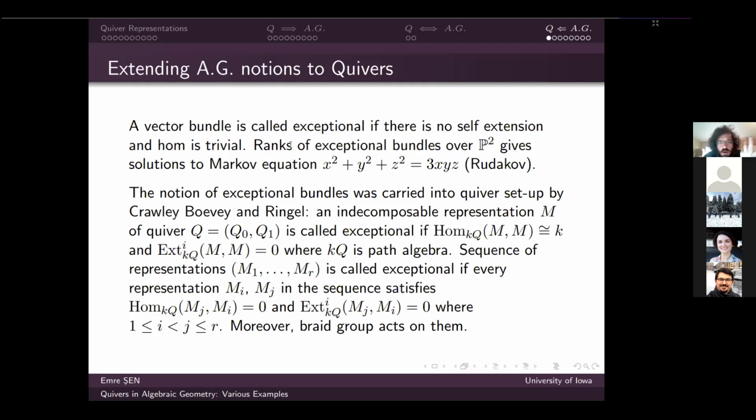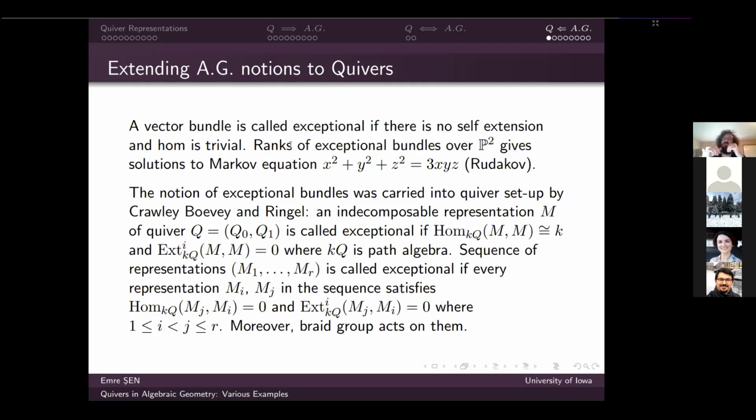So we can consider an indecomposable representation of a quiver, we can say that, okay, this representation is exceptional if Hom is trivial, k, and all possible extensions are just 0, right? Modules do not extend each other. And then the sequence, let's say M1 to Mr, is called an exceptional sequence if for every pair we have these conditions.